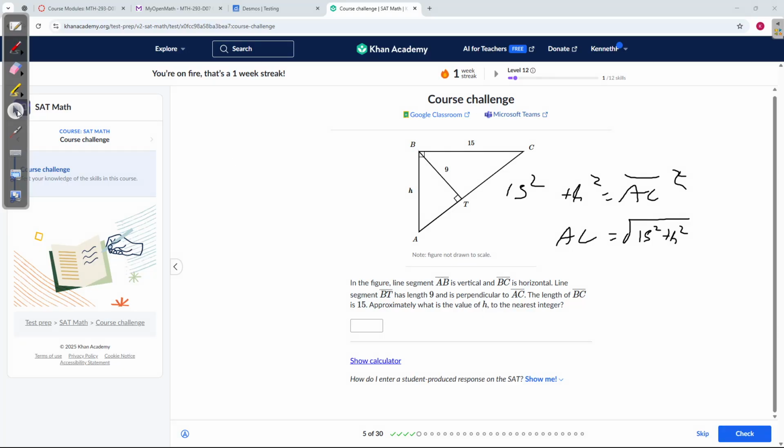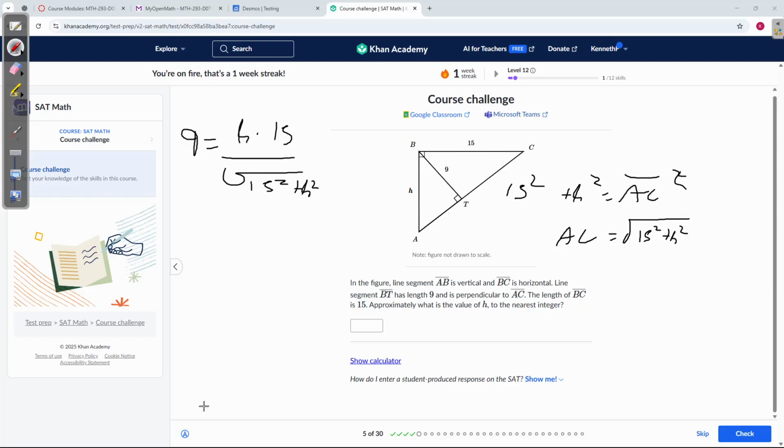And then one thing to really remember, you might have to remember this to figure it out, is that the altitude, which is this 9 here, of a right triangle is equal to leg 1 times leg 2 over the hypotenuse. So in our scenario, leg 1 is our h, leg 2 is our 15, and the hypotenuse we just found, square root of 15 squared plus h squared.